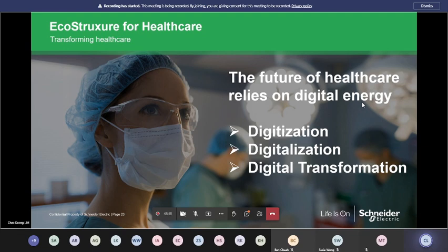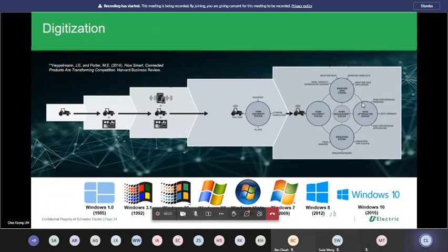Let's take a look down the line with the word digitization. I think in many countries, especially in Singapore, digitization has been a process for the last 20 years, easily. If we were to track using Microsoft as the benchmark, ever since Windows 1.0, which is way back in 1985, the moment anybody deploys Windows 1.0, technically speaking, you are already starting your digitization process.